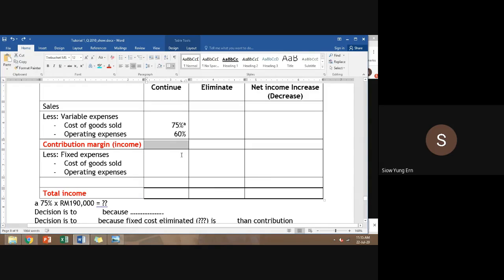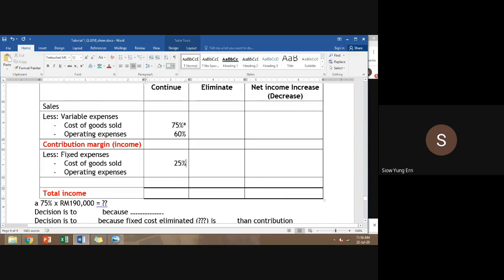Next, your fixed expenses. Let's go to the first one, cost of goods sold. Fixed cost of goods sold. Correct, 47,500. Just now at the top was 75%, so at the bottom will be the remaining 25%.